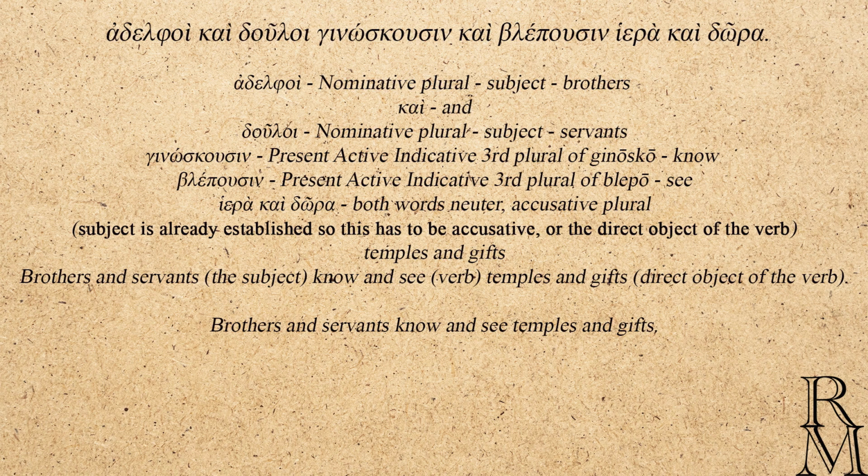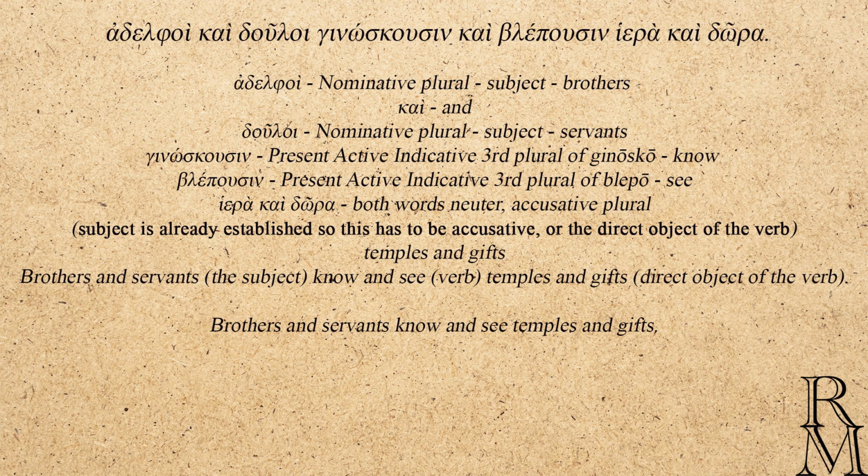Let's read that again and pay attention. I'm going to break down a couple of things for you as I read it. Adelphoi, the smooth breathing mark. Kai douloi, ginoskousin. So ginoskousin, you'll notice that movable nu that we talked about. And it doesn't really follow here what we talked about. But if you remember, I told you that it can be anywhere. It doesn't have to be at the end.